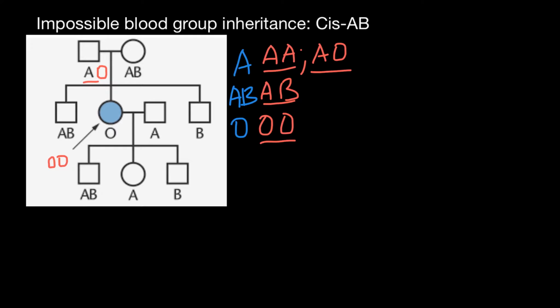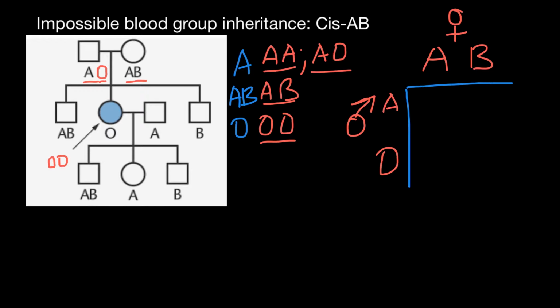According to your textbook, for example, if we assume that the mother is genotype AB, this is the mother's side and this is the father's side. We know that the father is genotype AO. If we build a simple Punnett square, what progeny can we expect?